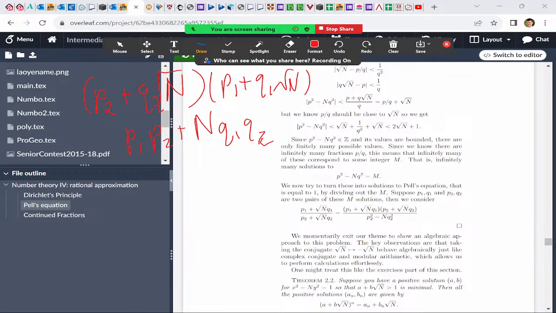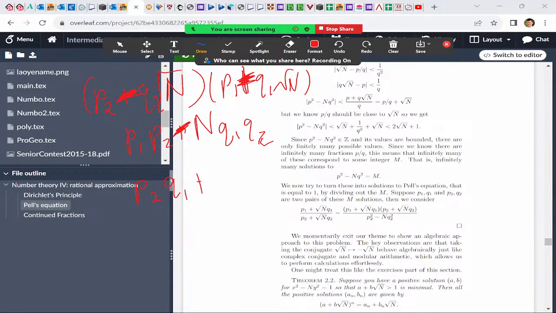That makes sense. And then plus root n, it'll be P2 Q1 plus, oh, that should be a minus. That's a plus, that's a minus, so this should be a minus, okay.